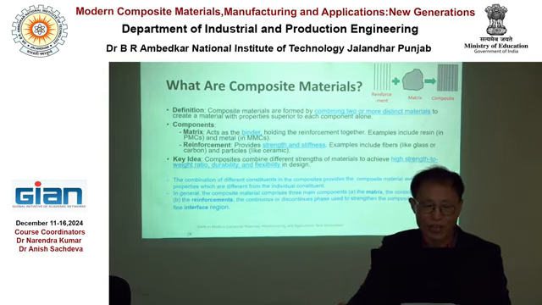So the key idea to develop any special composite material is to get a high strength to weight ratio. That's a very basic characteristic of a desired composite. And we want to have long-term durability and flexibility in design.